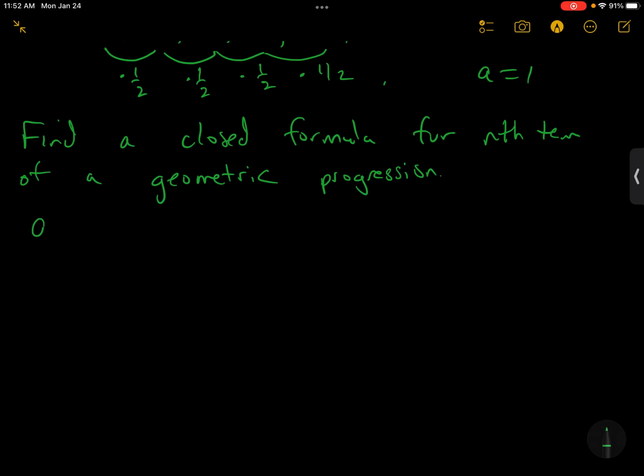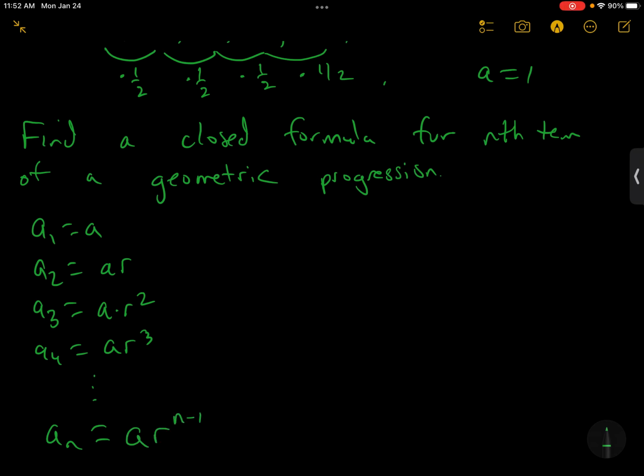So the first term is A. The second term is A times r. The third term is A times r squared. The fourth term is A times r cubed. And the nth term is A times r to the n minus 1. So that's how you find the nth term of this sequence once you know what the first term is and what the rate is.